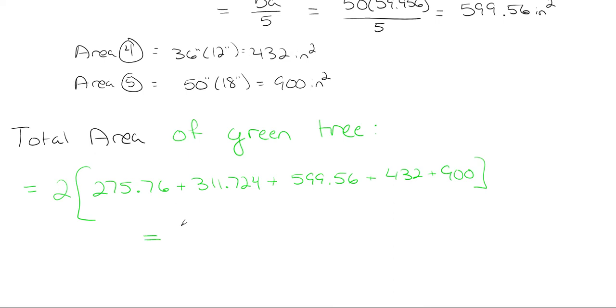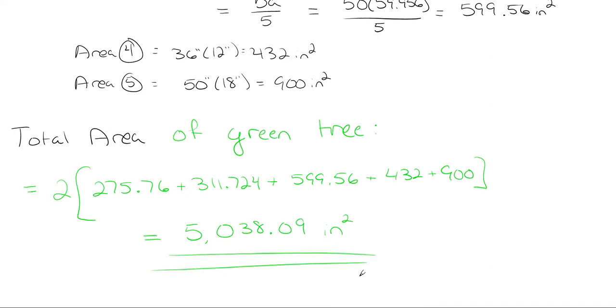All of those added together, then multiplied by 2, we get 5,038.09 inches squared as the total area of the green Christmas tree.